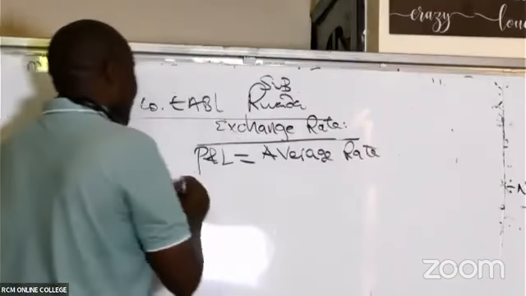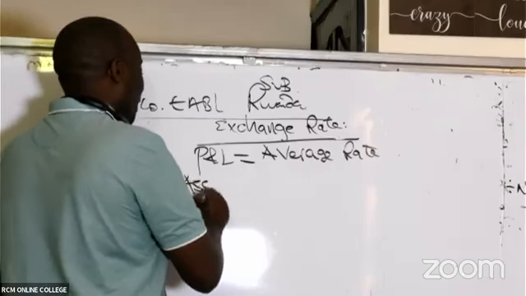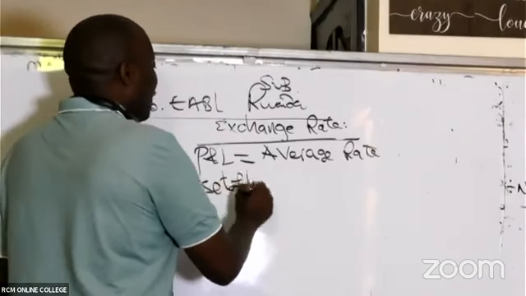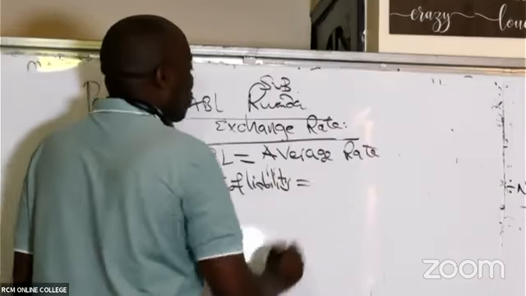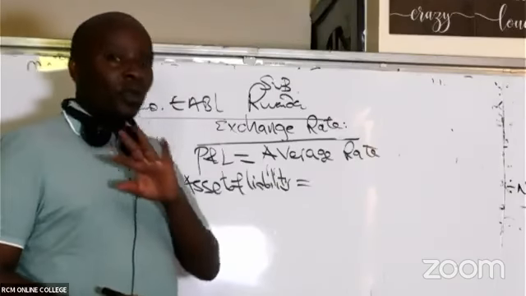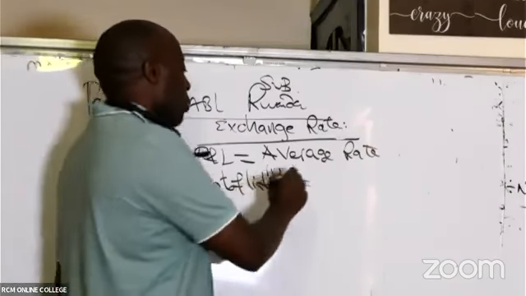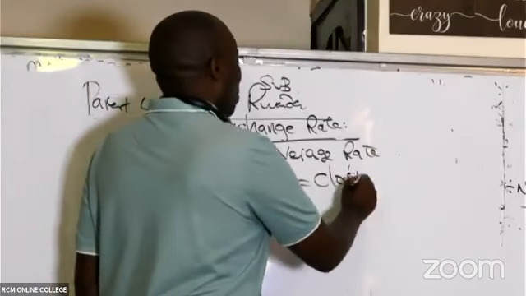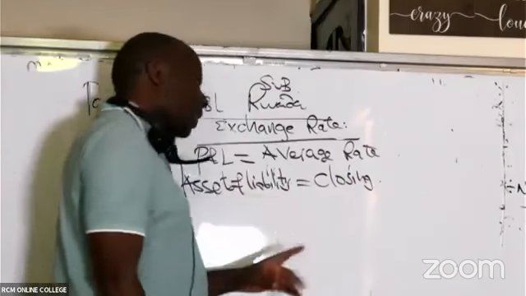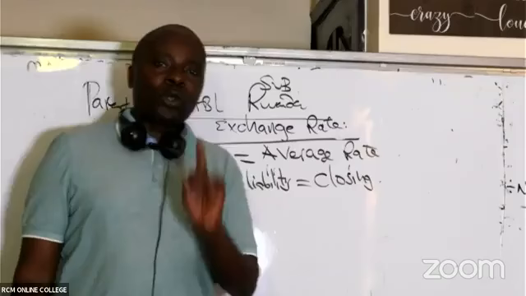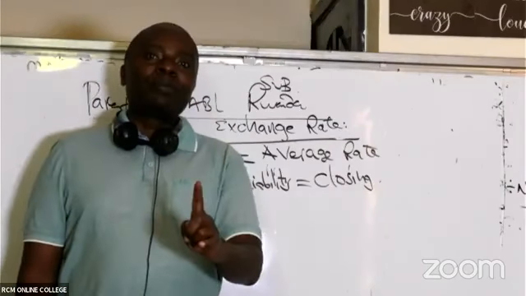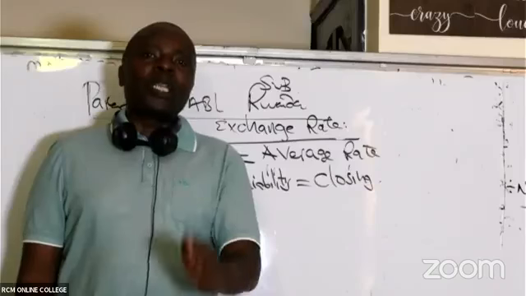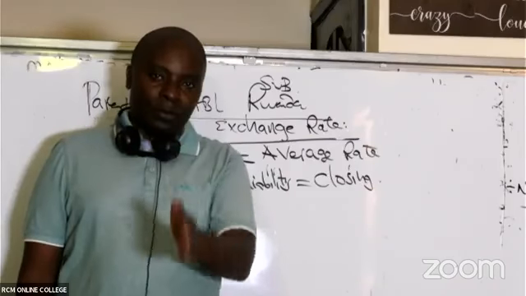And then we have assets and liabilities. In the balance sheet, the assets and liabilities, we shall always use the closing rate. Now listen. We have what we call net assets, and we're going to do them in two categories. We shall have net assets at acquisition.